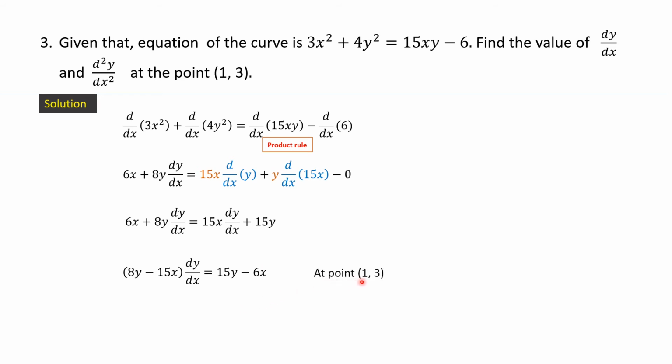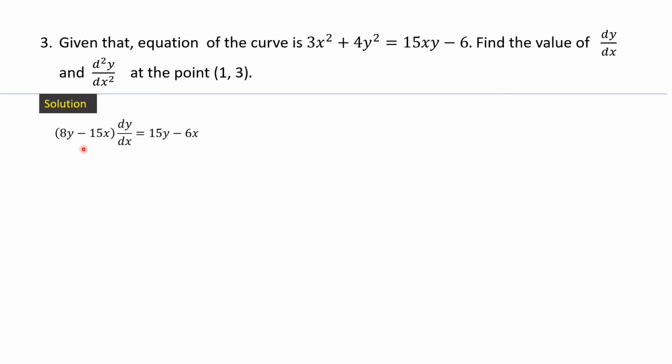At the point (1, 3), we substitute x equals 1, y equals 3 into this equation, and now we get dy/dx equal to 13 over 3. Next, to find the second derivative, we differentiate this equation again.